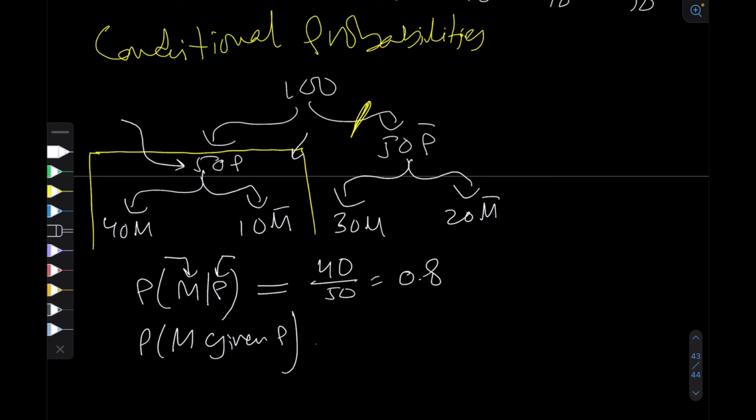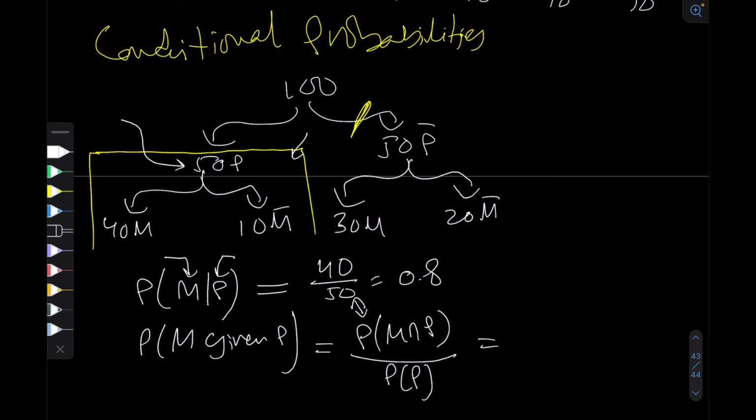So the general formula for conditional probabilities is probability of M intersection P over probability of P. Right, now this is the same as the formula we did here, the logic we did here, because probabilities are relative frequencies. So here, what is the probability that the person took math and the person took physics?